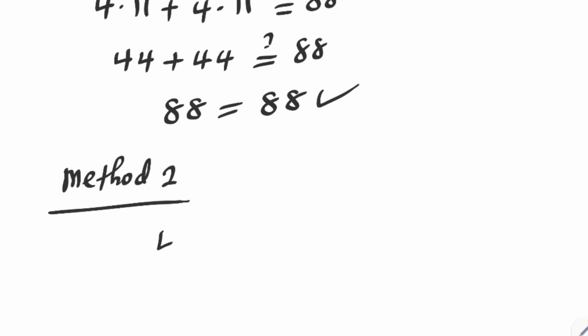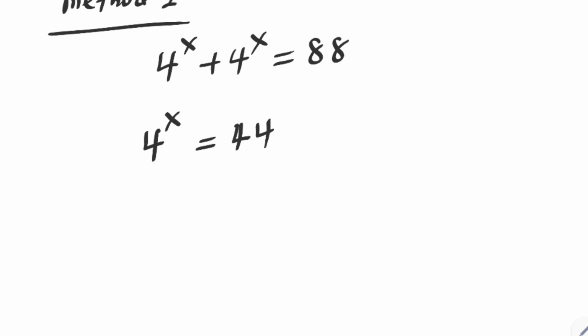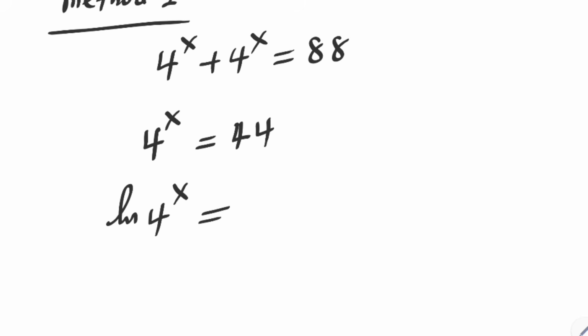We have the given equation 4 raised to power x plus 4 raised to power x is equal to 88. This is the same thing as 4 raised to power x is equal to 44. Let us take the natural log on both sides of this equation. We have ln of 4 raised to power x is equal to ln of 44.